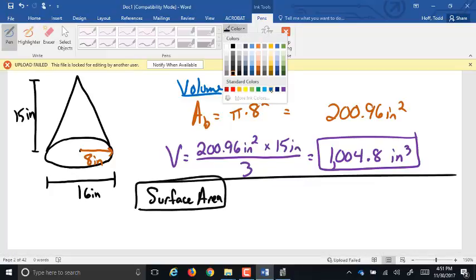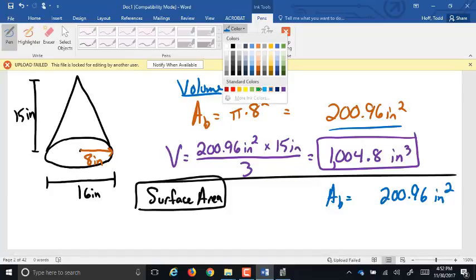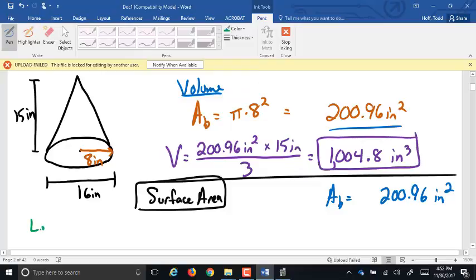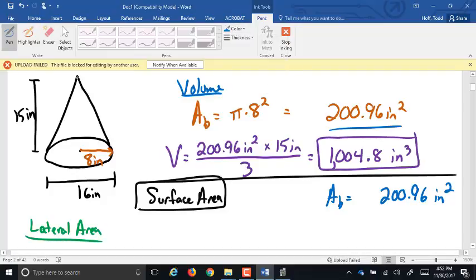For surface area, we have the area of the base yet. 200.96 inches squared. There is only the one base on bottom. For lateral area, we need to find that slant.